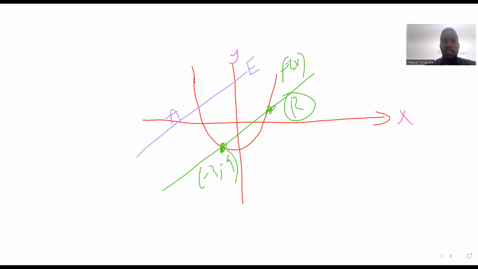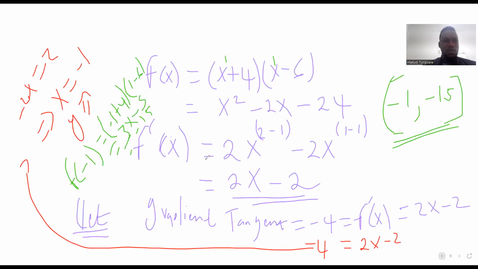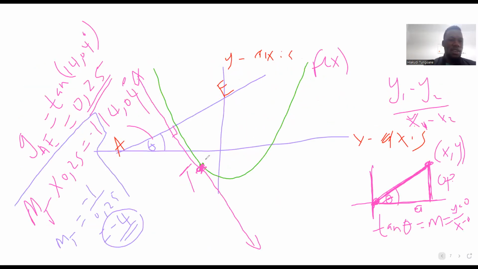Okay, first of all, they told us this line is parallel to line AE. What does it mean for the lines to be parallel? If you remember from analytical geometry, if two lines are parallel, it means that their gradient is the same. Do we know the gradient of this line? Yes, we do, because we used it from the angle they gave us, it is 0.25.